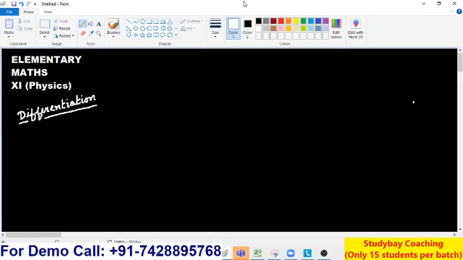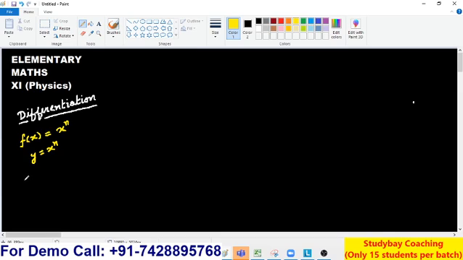The first one is related to the function, let's say f(x), that is a function in terms of x, given as x to the power n, where n can be 1, 2, 3, or anything like that: x square, x cube, x to the power 4. We can also write y equals x to the power n.